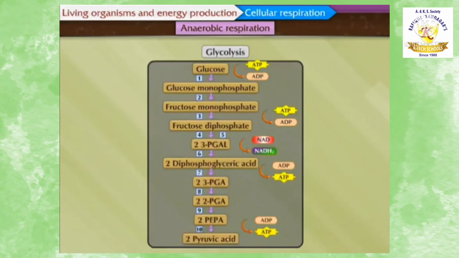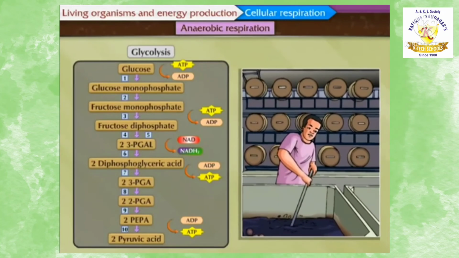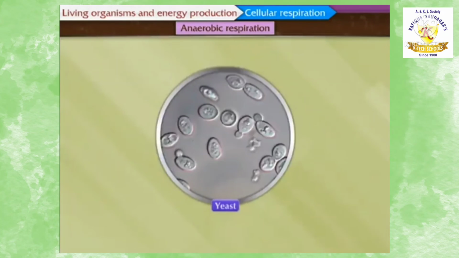Pyruvic acid produced through glycolysis is converted into organic acids or alcohol with the help of some enzymes. This process is called fermentation. Understood, children? What is the process of fermentation?